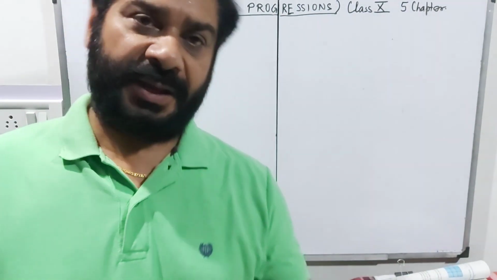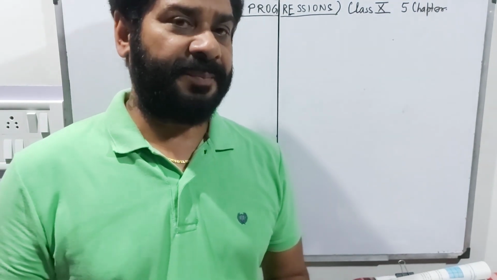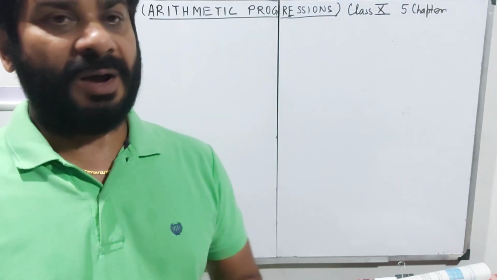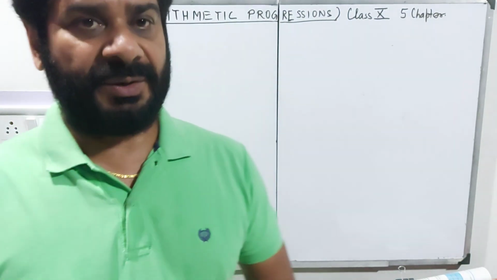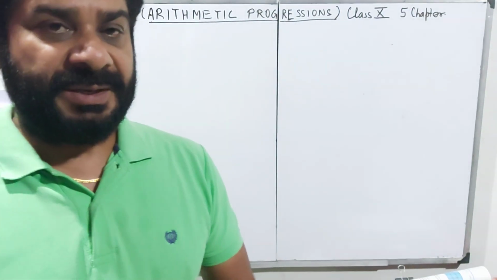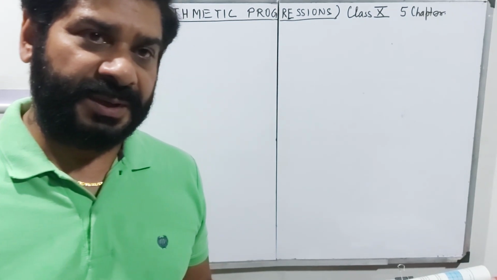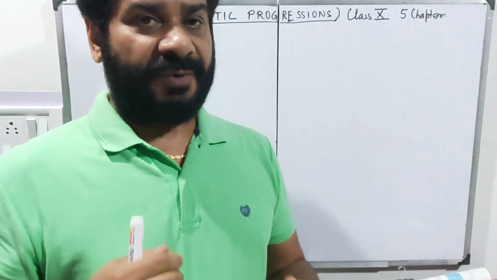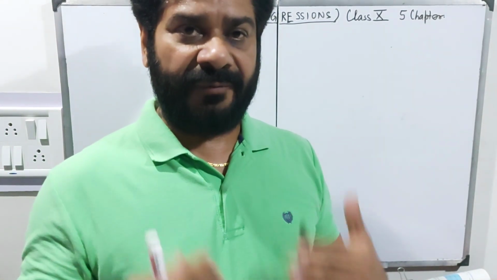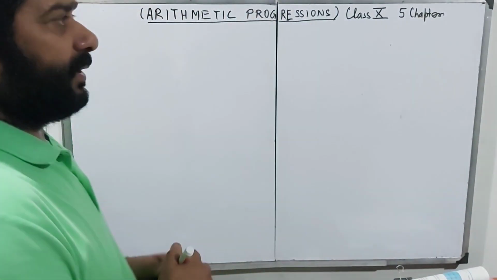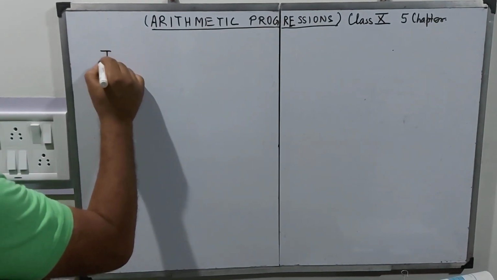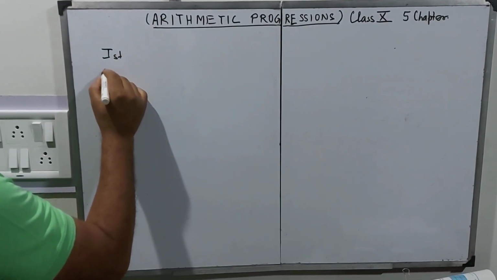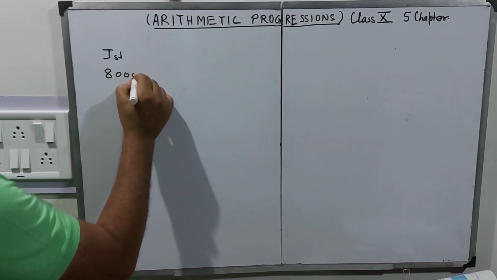Let us take some examples. Suppose Reena got a job in a reputed company with an agreement of a monthly salary of 8,000 rupees and a 500 rupees increment every year. Let us write her salary for the first year. She got 8,000 rupees.